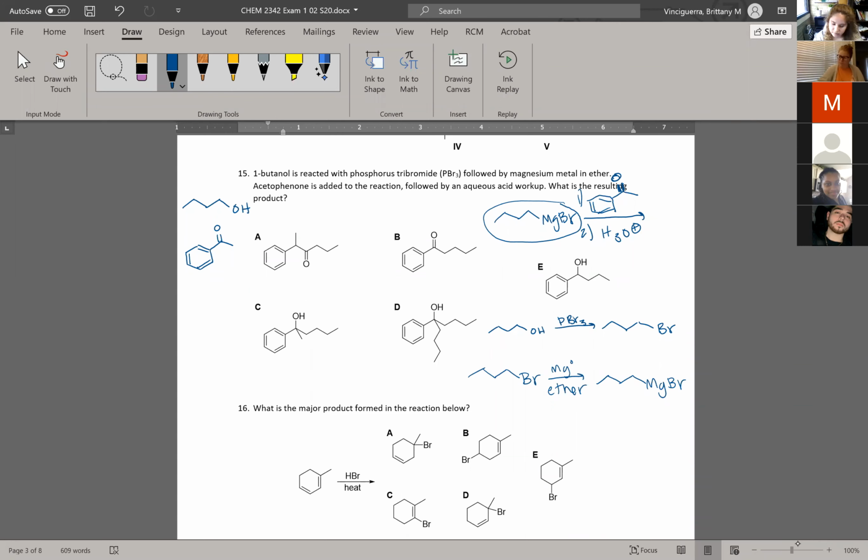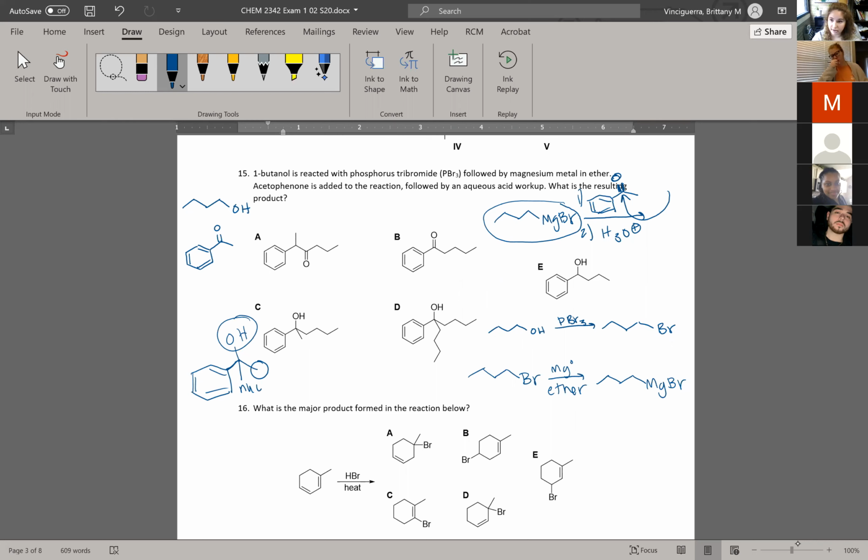So any answer that does not have a methyl group in it needs to be crossed out, because when you do the attack with your Grignard, what you should be able to recognize is that if I attack this with any nucleophile, that methyl group would still be there and I would be making a tertiary alcohol. So this is knowing that a ketone plus a Grignard equals a tertiary alcohol. So you need to find that methyl group.